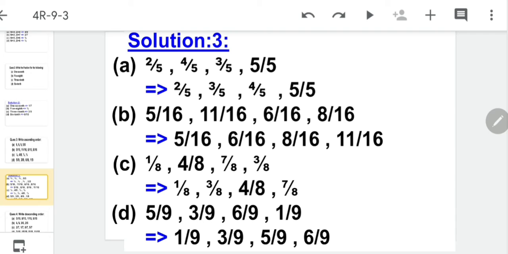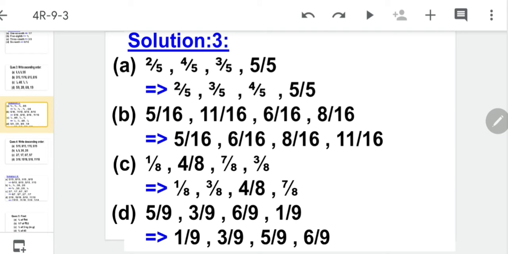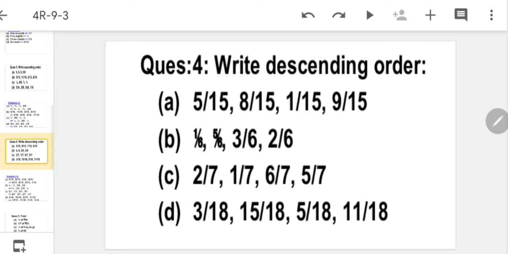Okay. Now the next question is also based on the same thing, but here we have to place them in descending order. So you can see the denominator is same in second part also, in third one also, and in the last one also.